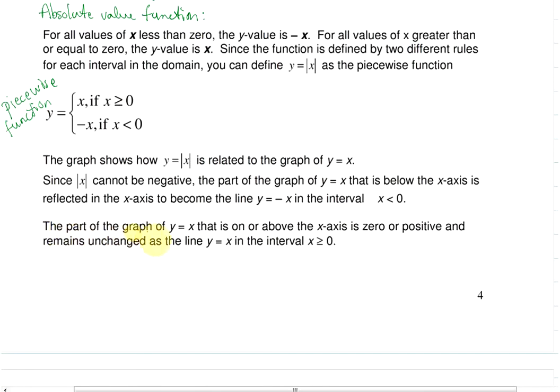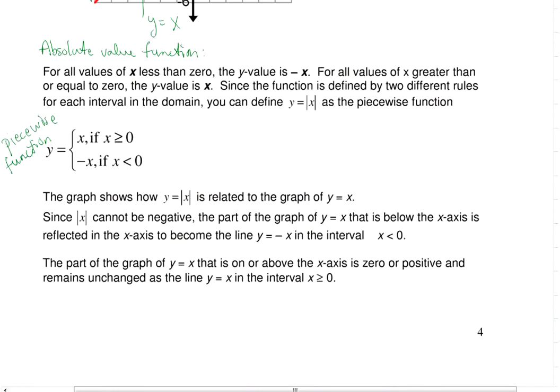Okay, the part of the graph of y equals x that is on or above the x-axis is 0 or positive and remains unchanged as the line y equals x in the interval of x is greater than or equal to 0.